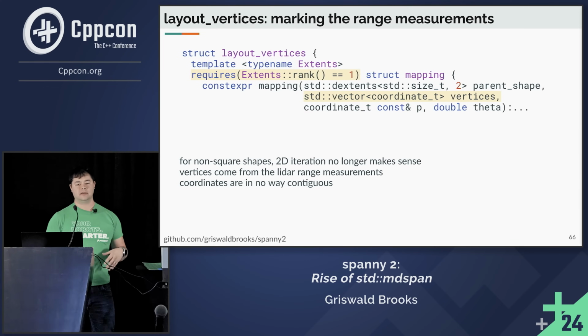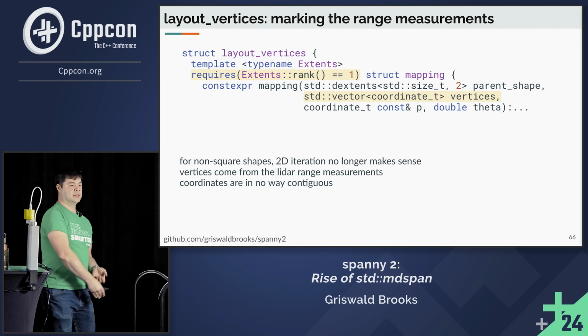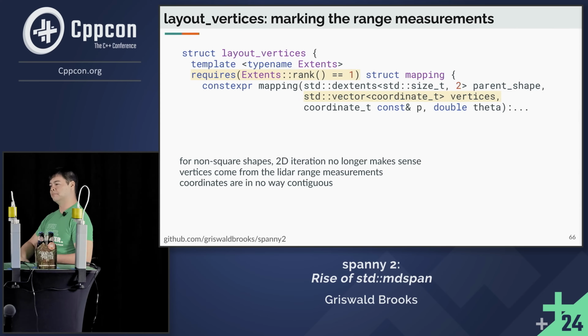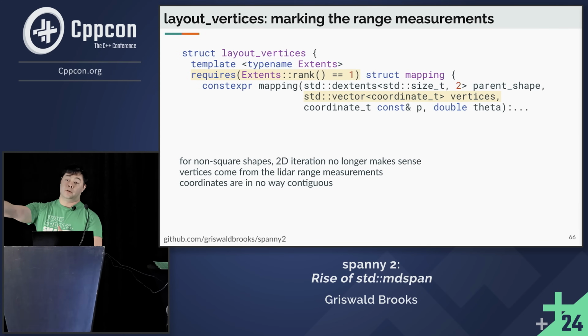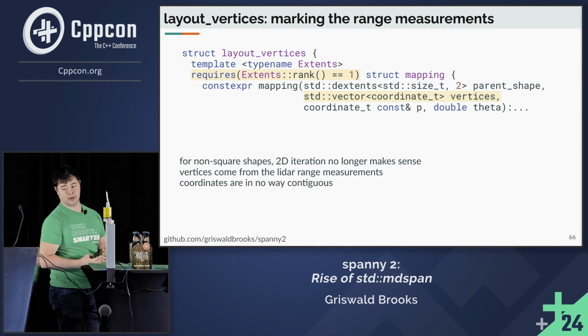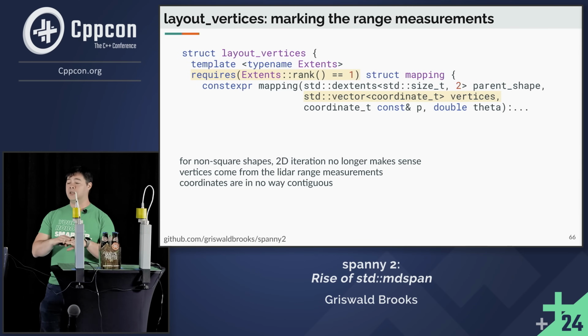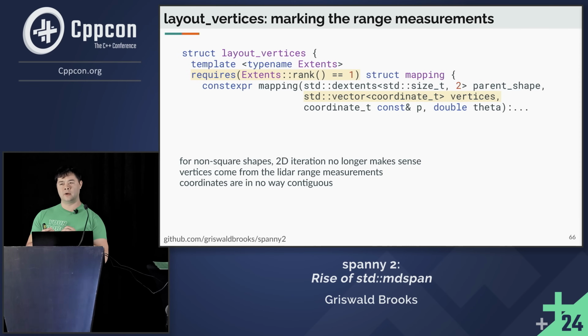So laser scan has 2 parts, right? The occupied part, where we set pixels, and the part where we clear pixels. Let's talk about setting the pixels. We're going to mark the ranges, I called them the vertices, that we got back from the laser. In this case, we kind of lose the ability to talk about the data in a 2-dimensional sense.